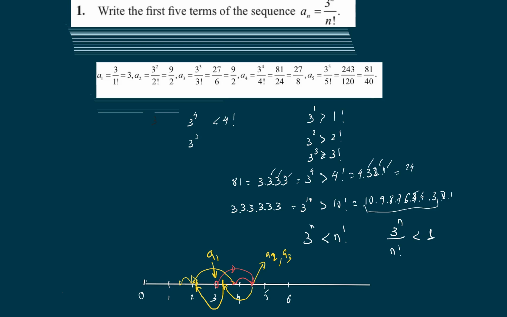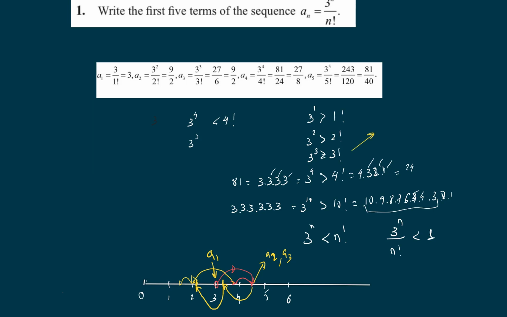Okay, how do you see that 3 to the n is smaller than n factorial? Let's say 3 is bigger than 1 factorial. 3 squared is bigger than 2 factorial. Now 3 cubed is also bigger than 3 factorial, because 3 cubed is 3 by 3 by 3.